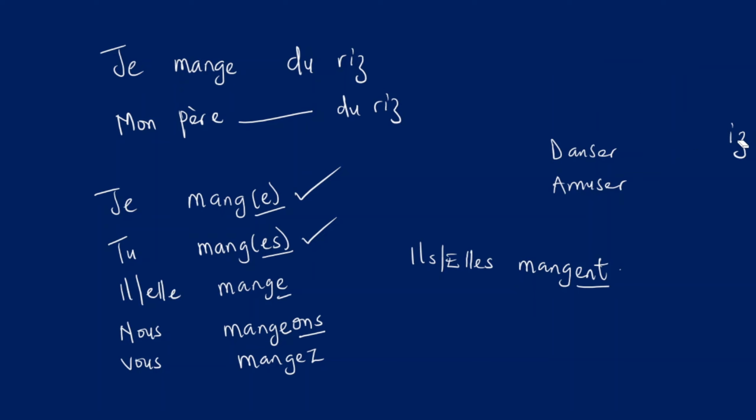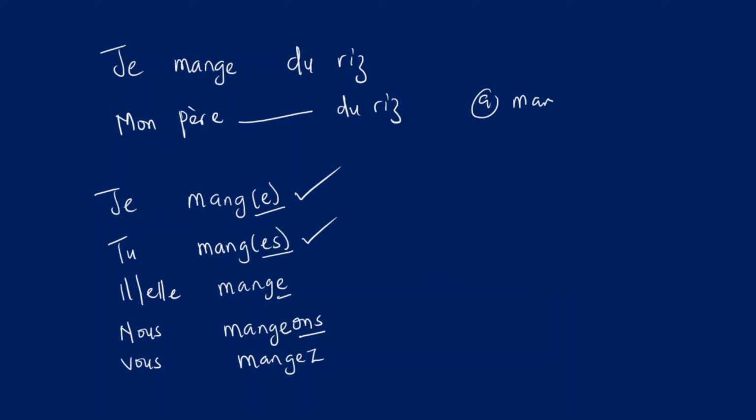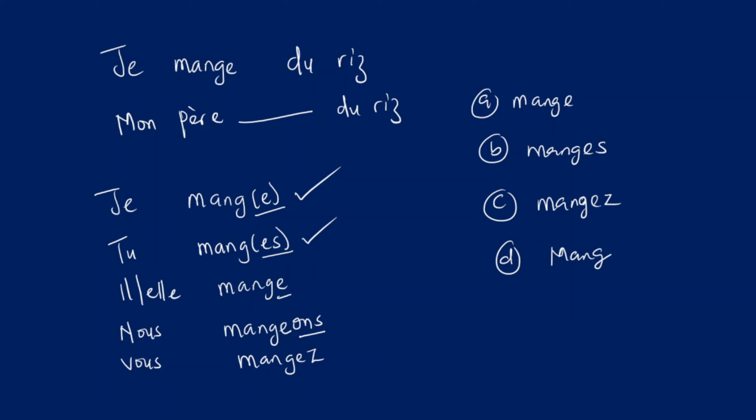Now they want you to fill this gap with the best conjugation of the verb. Now probably they give you this option. Look at it. Probably they say A mange, B mange, C manger, and D mange.